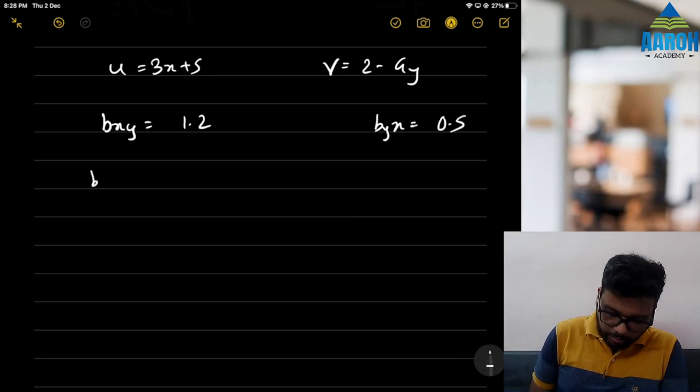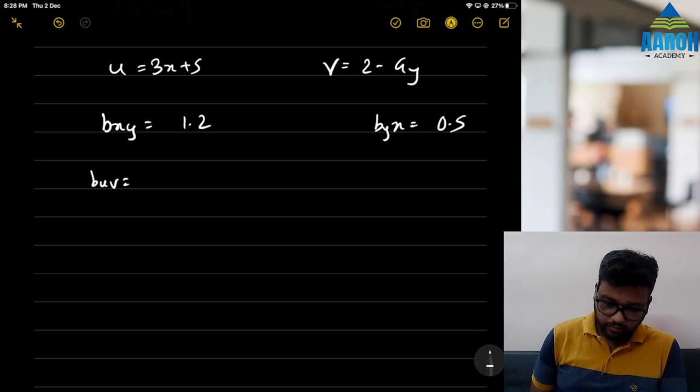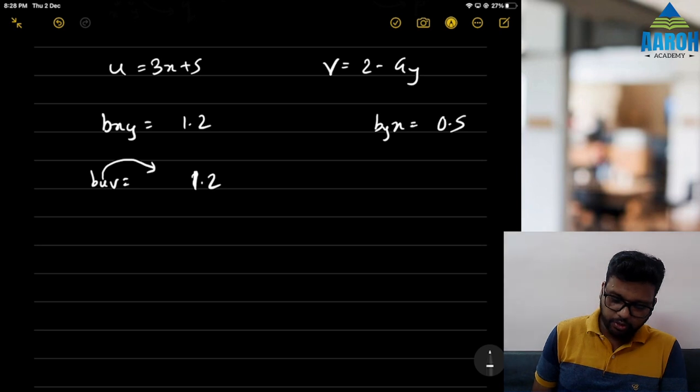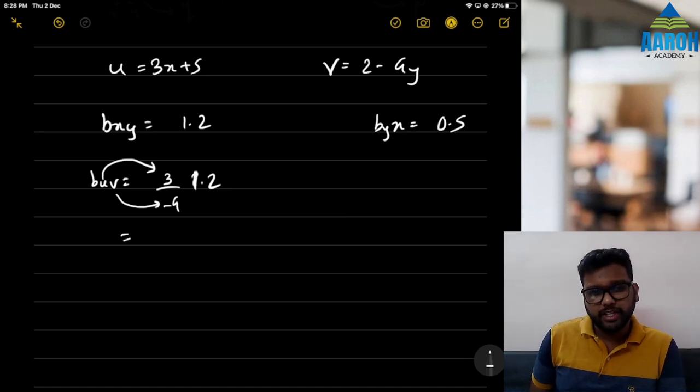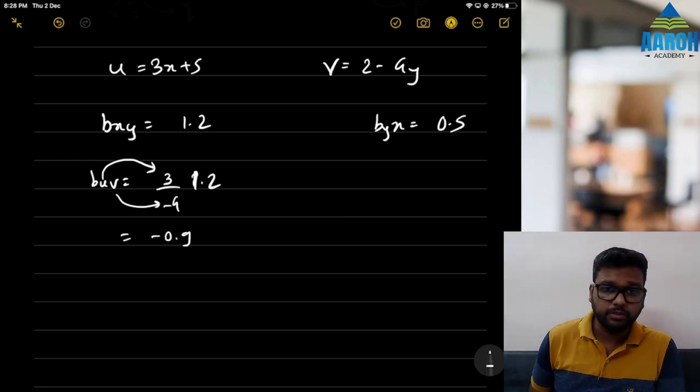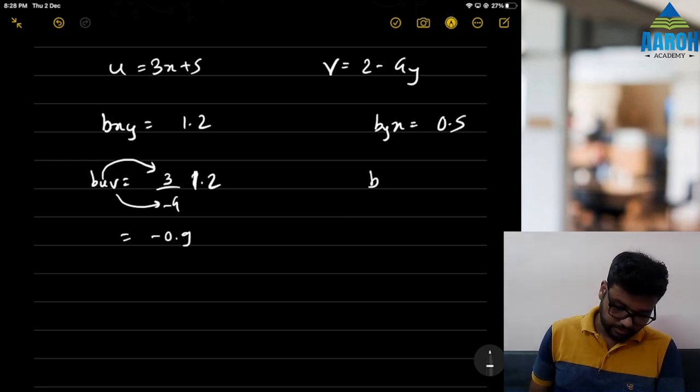Now what will happen if we want buv? We'll take bxy as base, 1.2. Then u's change of scale will be in the numerator, which is 3. v's change of scale will be in the denominator, which is minus 4. So it will become 3 by minus 4 into 1.2, whatever it is, minus 0.9, I guess.